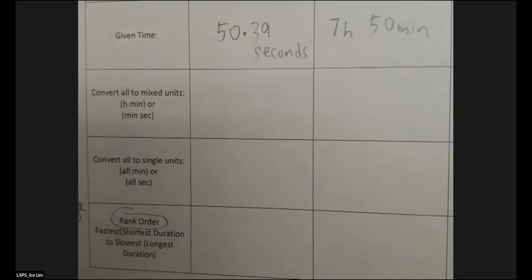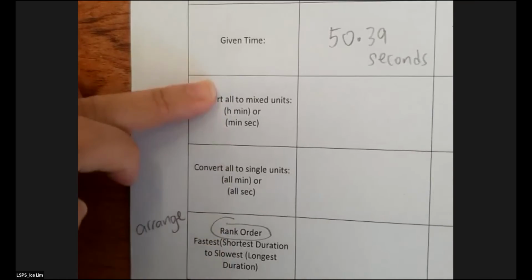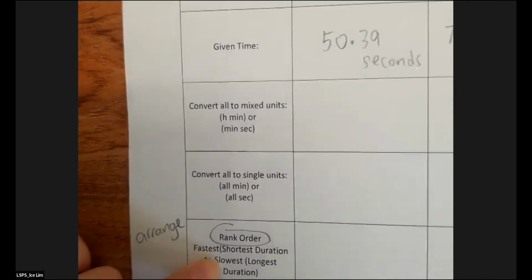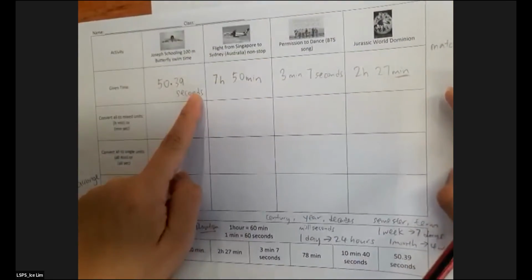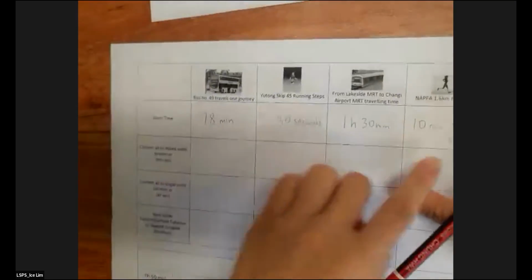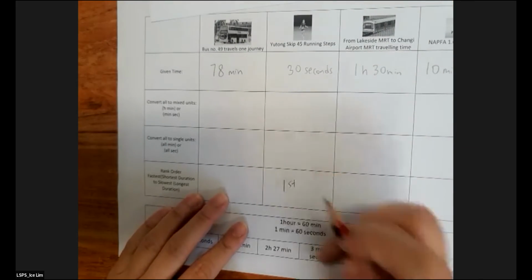Okay, so now if you look at all this, we look at the next line here. You'll notice there are some rows here before the rank order. Yesterday, some of us were able to rank already based on looking at these numbers. Most of us can see that Yutong is first, the fastest.